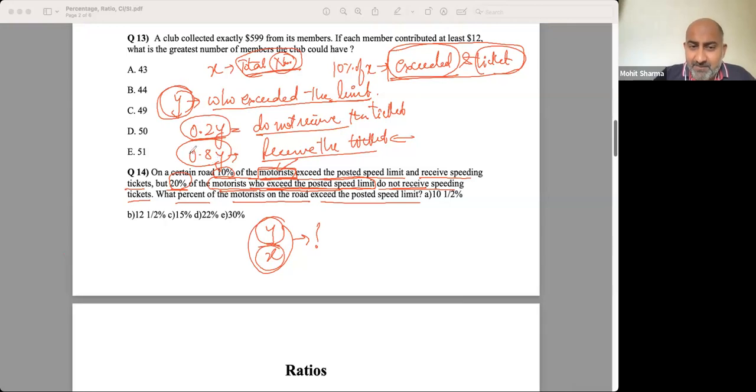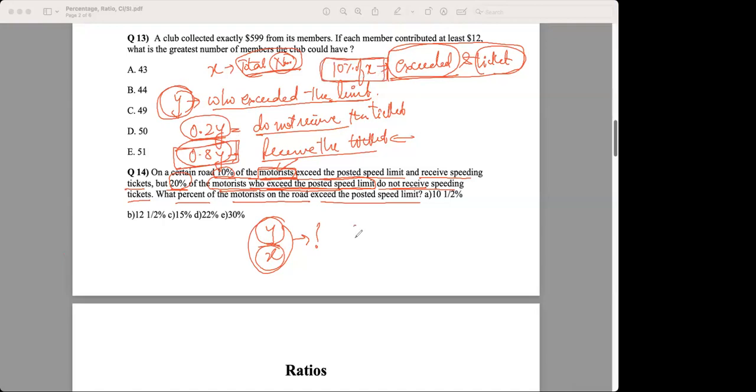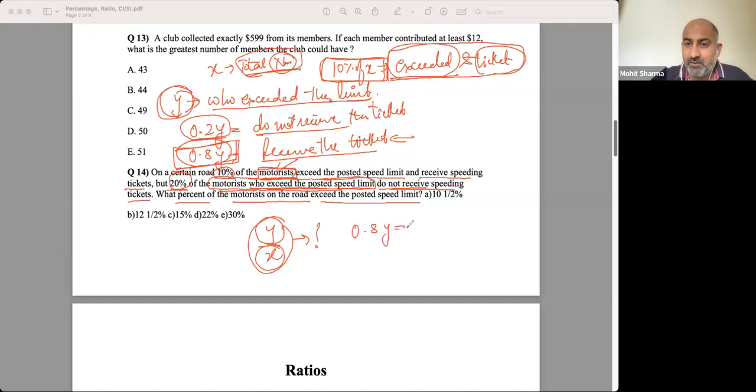And can I say this number is equal to this number? Yes, sir. So 0.8Y is equal to 0.1 of X. So Y upon X is nothing but 1 by 8. That would be 12.5%. Does that make sense? Yes, sir.